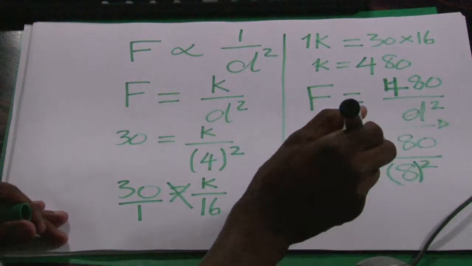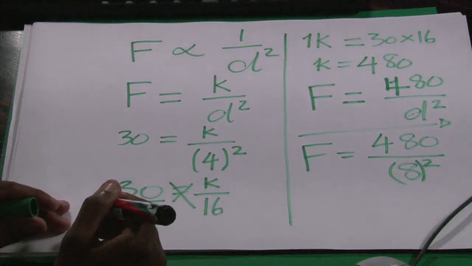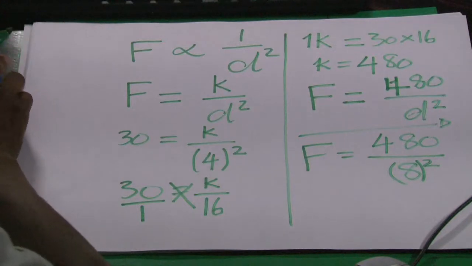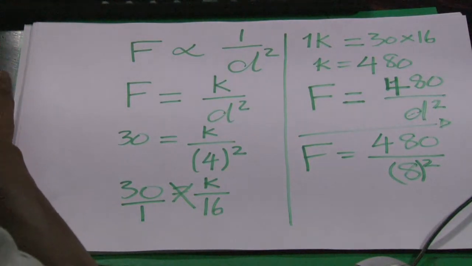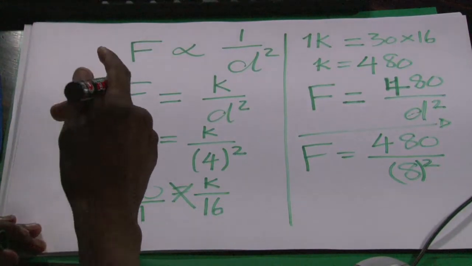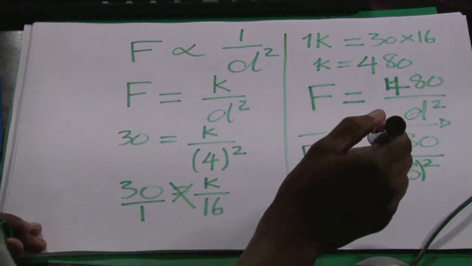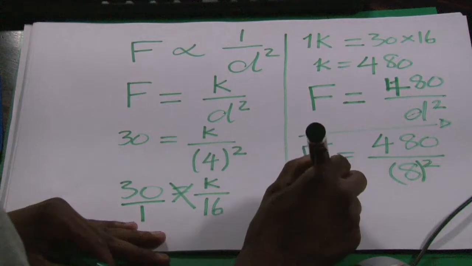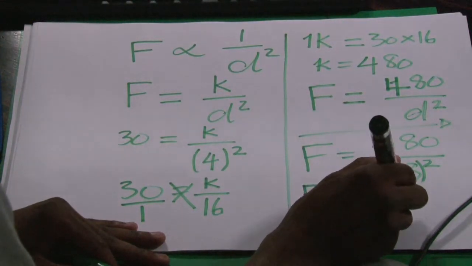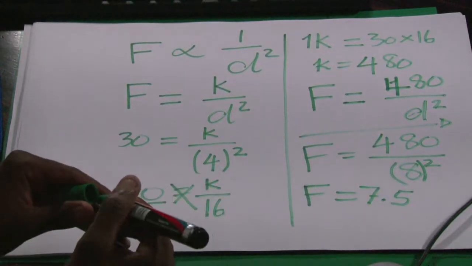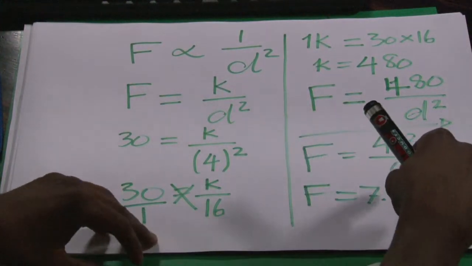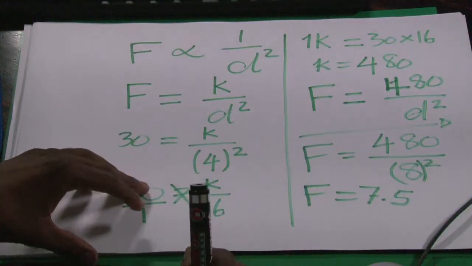Remember to put your numbers in brackets and the square outside. So we use our calculator, and 480 divided by 8 squared is equal to 7.5. This means that F is equal to 7.5, the value of F when d is equal to 8.